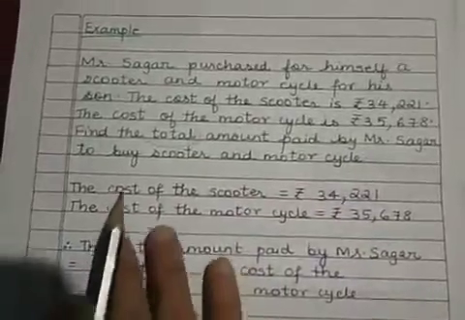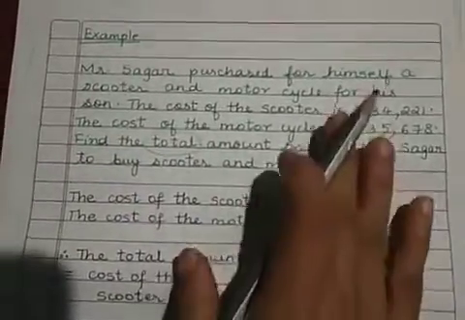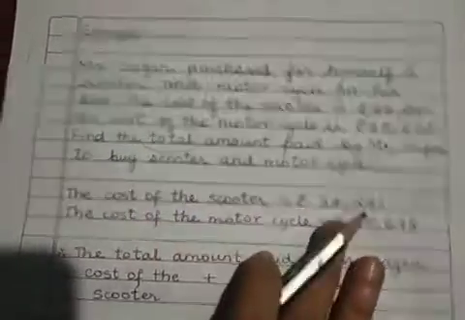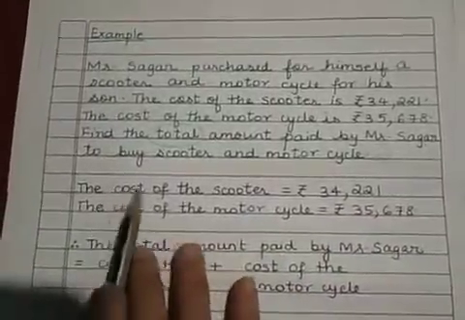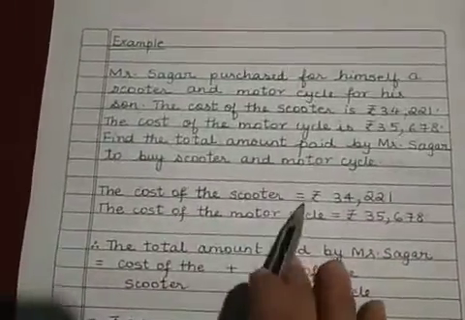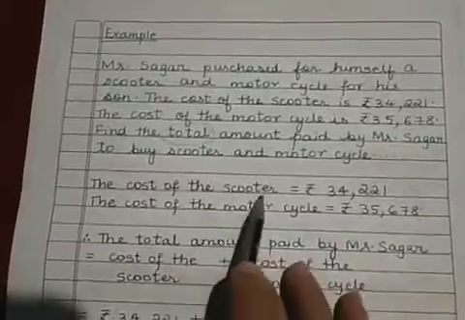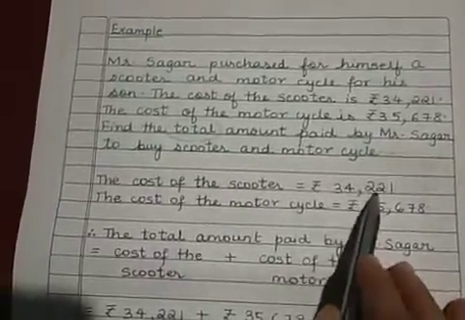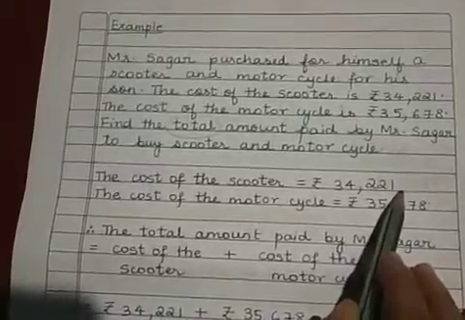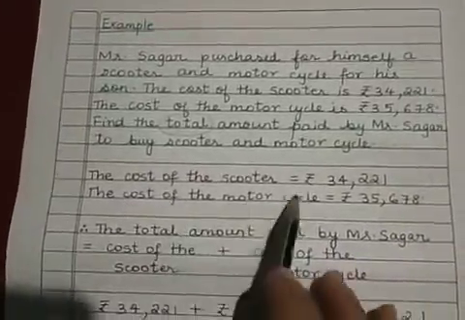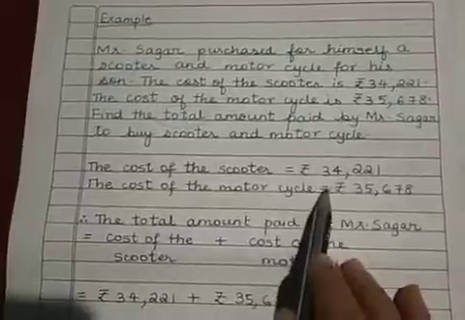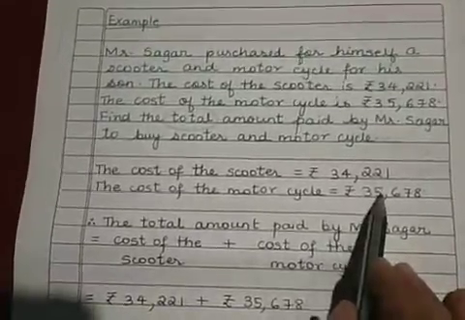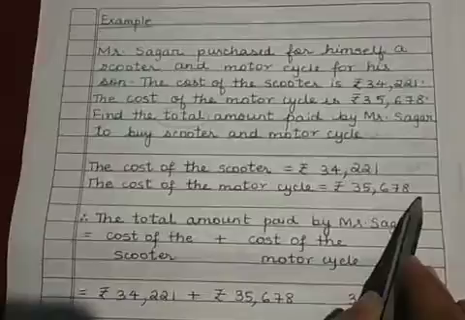So let us see how we are supposed to write this in the form of statements. The cost of the scooter is equal to 34,221. The cost of the motorcycle is equal to 35,678.